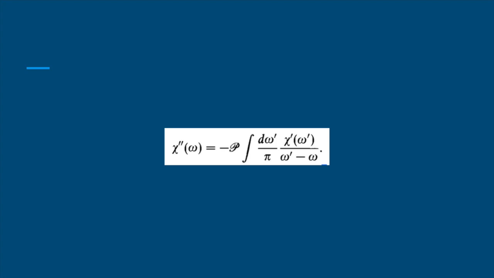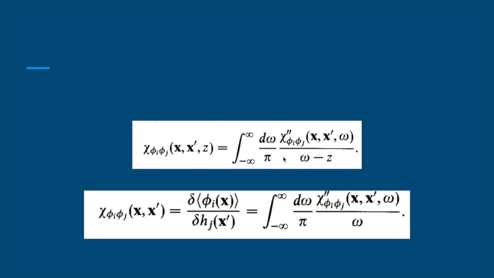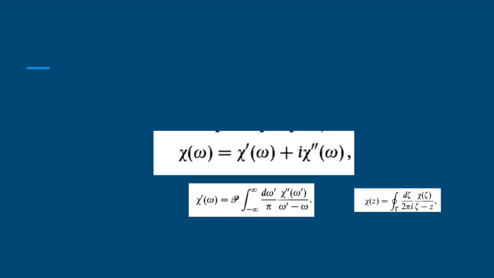Now the above analysis of the response of a single scalar field applies without change to any general response function, not only magnetic susceptibility. So the Laplace transform of chi tilde of phi i phi j will satisfy this equation, and we will have a similar equation just like this.